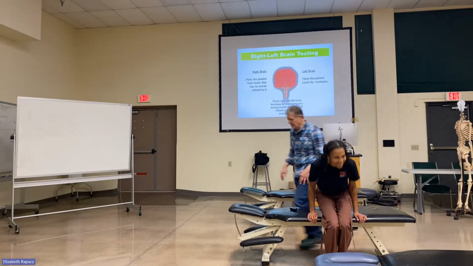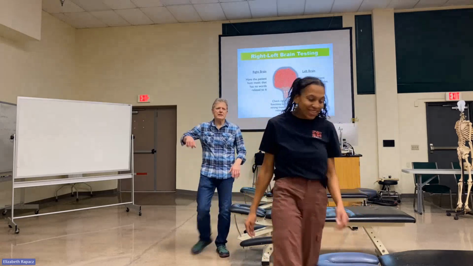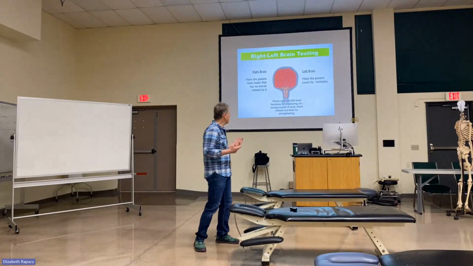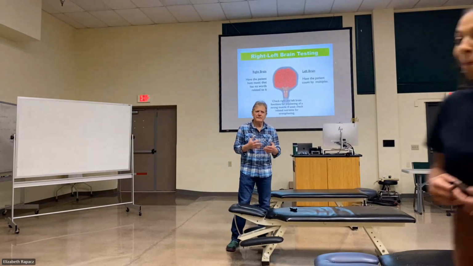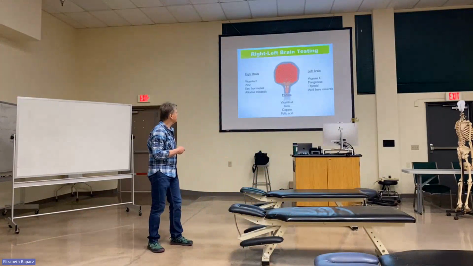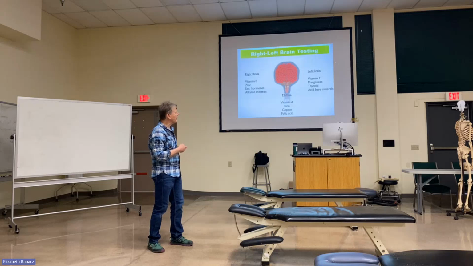You're dialed in. So if she had weakened on one of those functions, that tells us that maybe one side of the brain needs some support. They believe that these nutrients are in higher demand on one side versus the other.